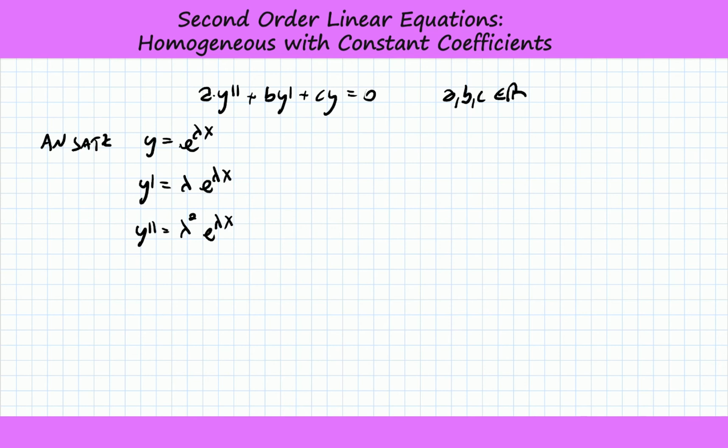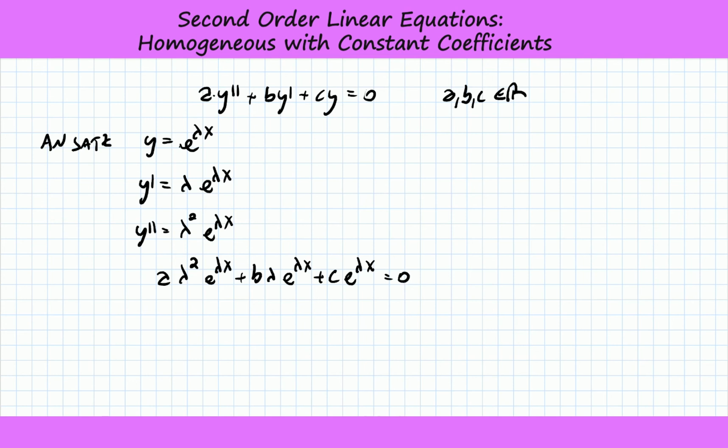Now, if I want this to be a solution, I will plug it in, therefore obtaining a y double prime, so a lambda squared e to the lambda x, plus b y prime, so b lambda e to the lambda x, plus c y, so plus c e to the lambda x. All of this must be equal to 0.